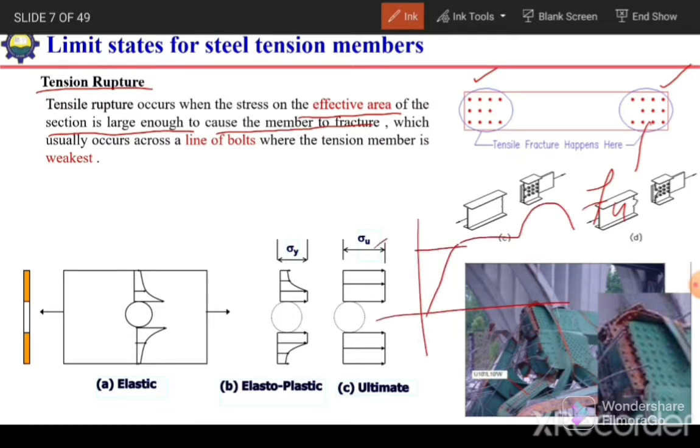Here we have yield strength Fy, and here we have Fu, the ultimate strength. When a section reaches its ultimate strength, after that it will rupture. It will fail, just like a crack will appear, and it will convert into two pieces.